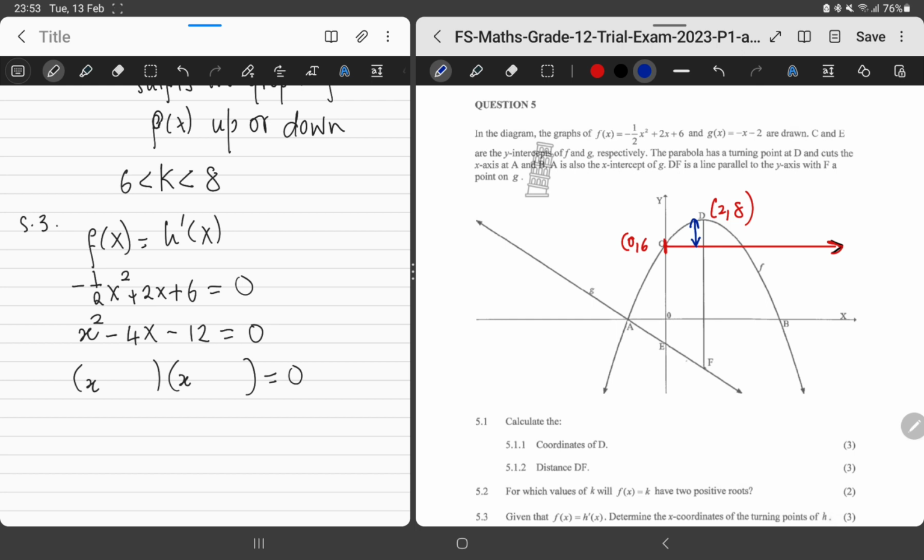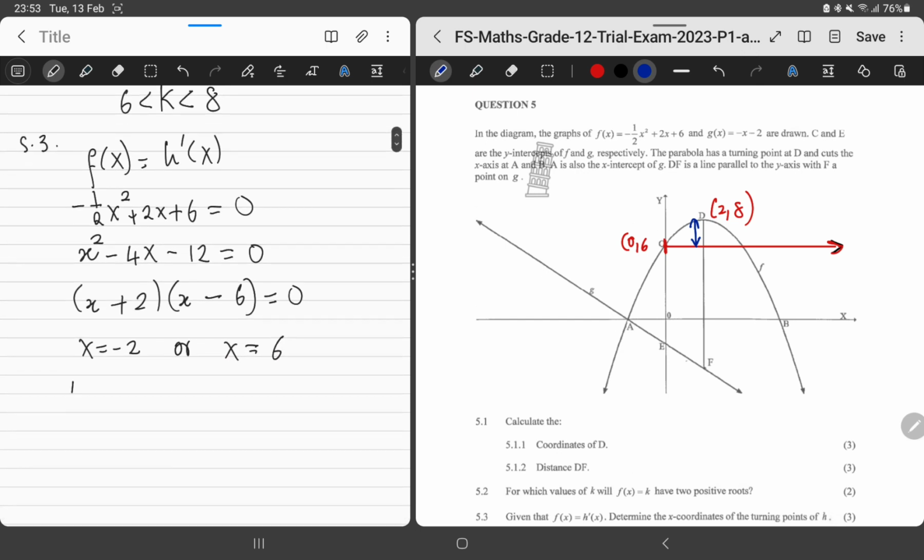The factors of 12 that will give me a 4 should be 6 and 2. That's a minus, that's a positive. So x should be minus 2, or x should be equal to 6. And then the coordinates of A are (-2; 0). The coordinates of B are (6; 0).